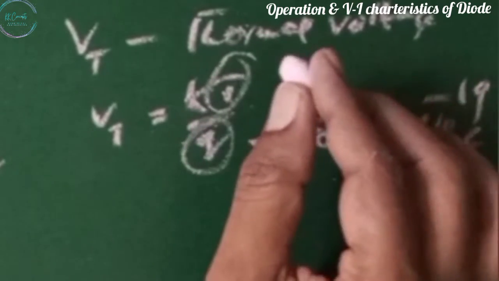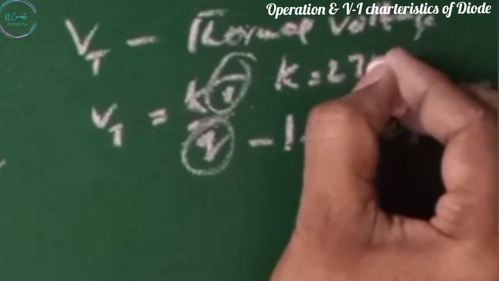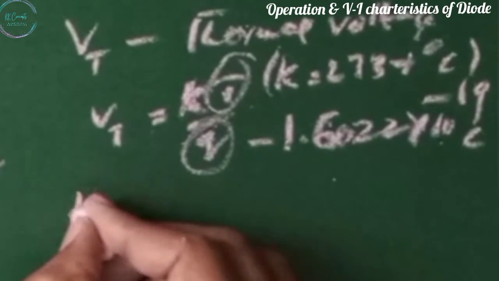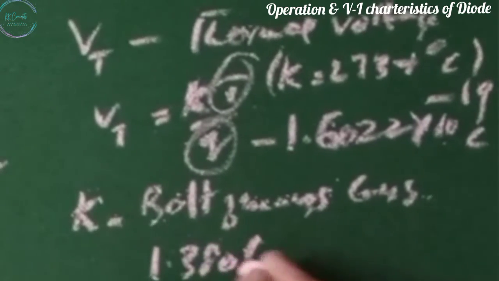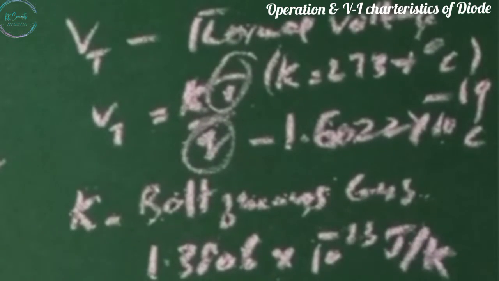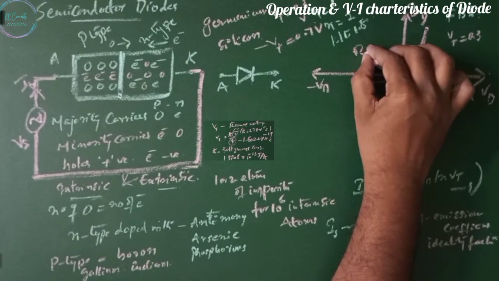T is the absolute temperature in Kelvin, so T equals 273 plus the temperature in degrees centigrade. k is Boltzmann's constant, with value 1.3806 times 10 to the power of minus 23 joules per Kelvin. From the formula we can say that as the temperature of the junction increases, VT also increases. When VT increases, ID also increases. The leakage current will be.